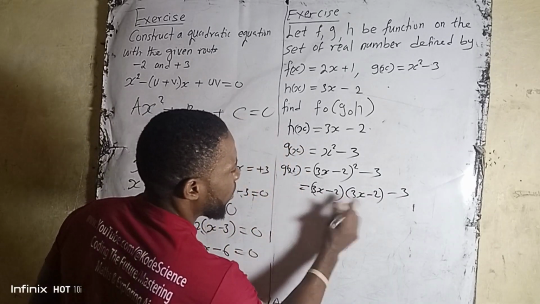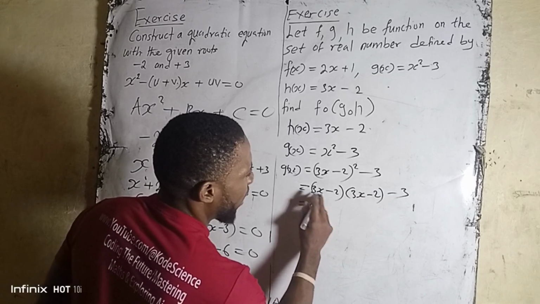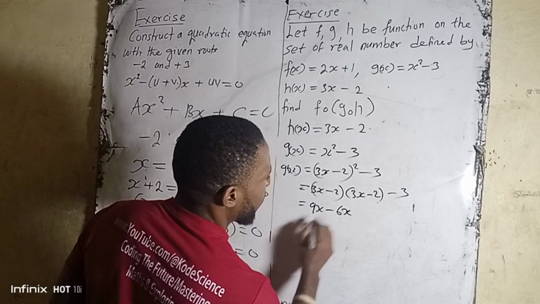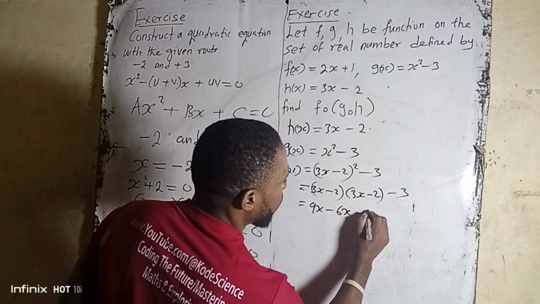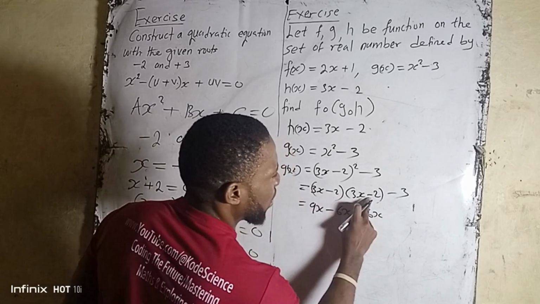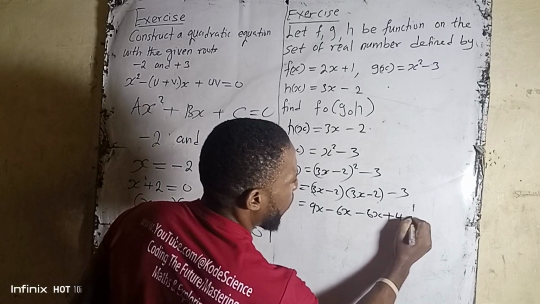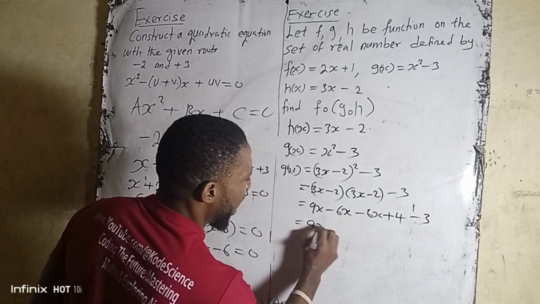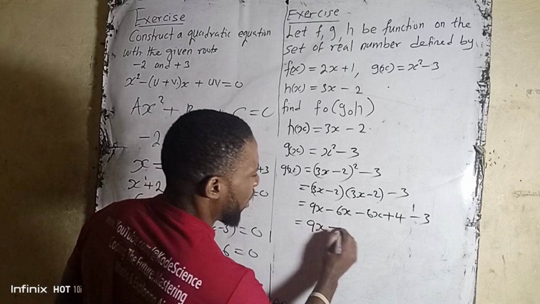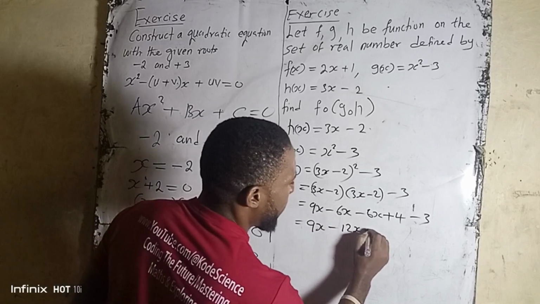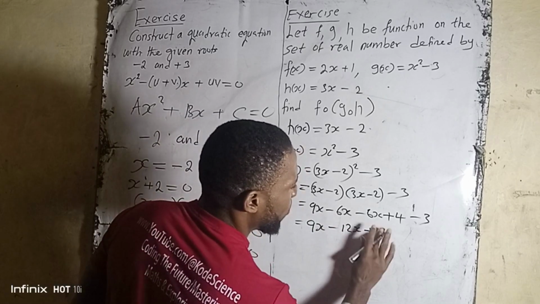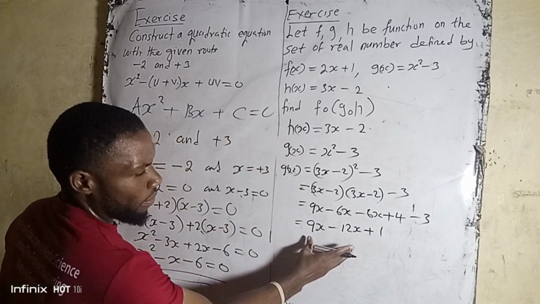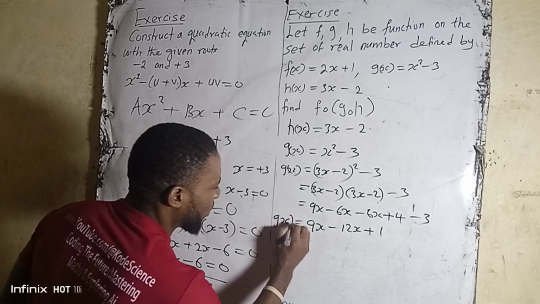If you open the bracket, we have 9x squared, then we multiply this, we have minus 6x, then we have minus 6x again, then plus 4 minus 3. Now on this we have 9x squared, minus 6 minus 6, we are going to have minus 12x, then plus 1. So this is what we have. This is our g of x.